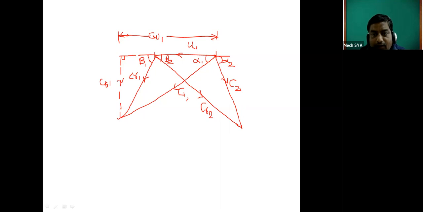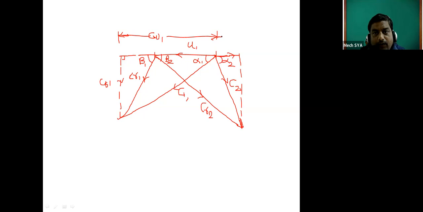Again, this C2 has two components. C1 is in this direction and C2 is in the opposite direction. So the component along the tangential direction, if I draw it, is here, and the direction of CW1 is here.